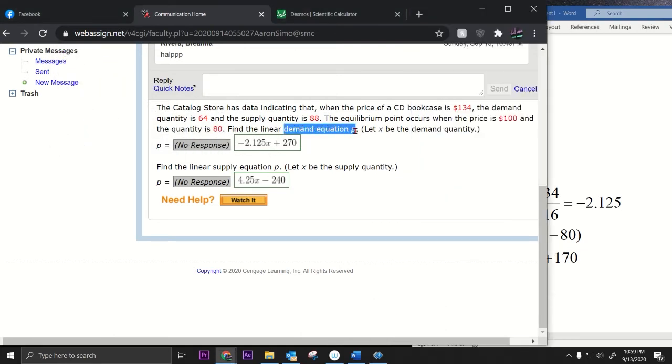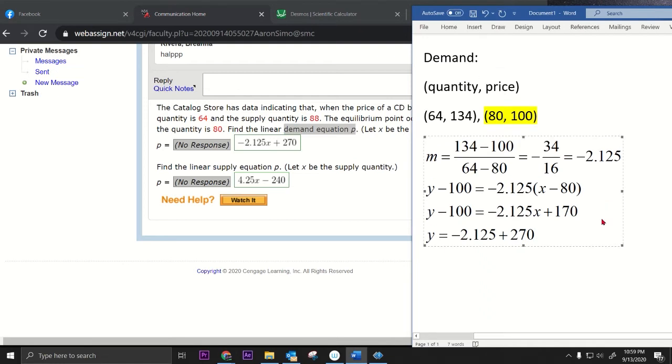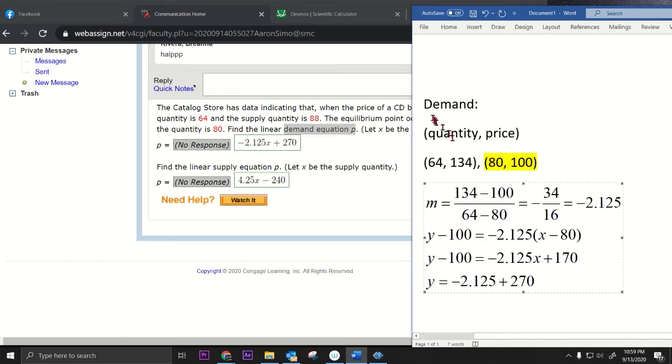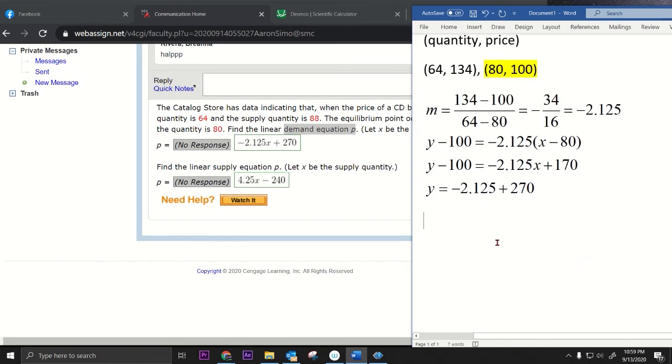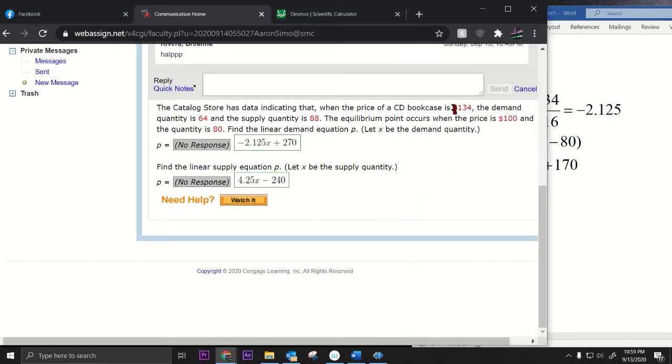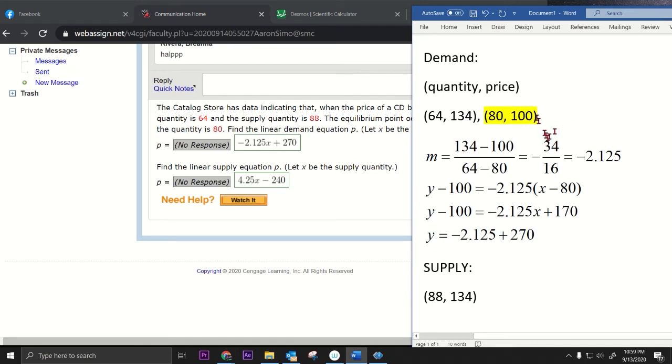Now we do a similar thing for the supply. Remember, quantity first, then price. We have a supply quantity of 84 and the same price of 134, and then you have that same equilibrium point.